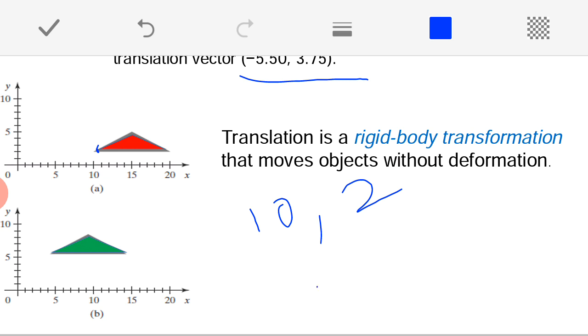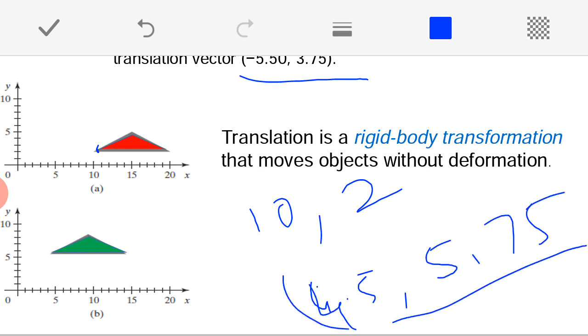So, this is around 4.52, okay, 4.52, and this is 2 plus 5.75, look at here. So, this is my translated vertex here.